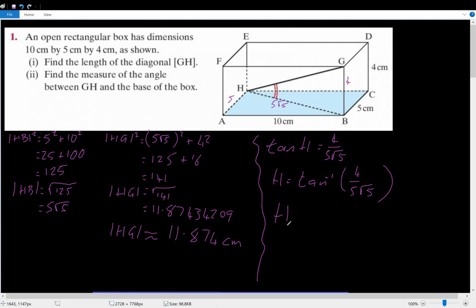And H is going to be equal to 19.6857301. So the angle H is approximately equal to 19.67 degrees. Like that. And that is that.